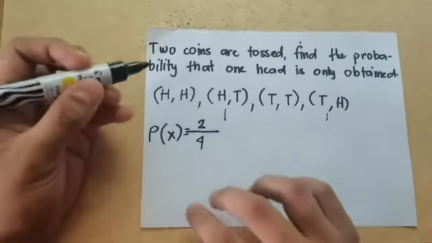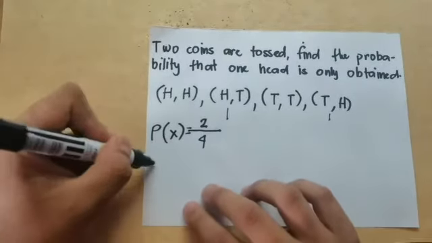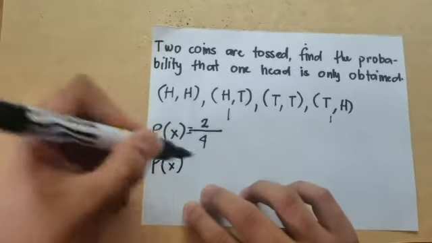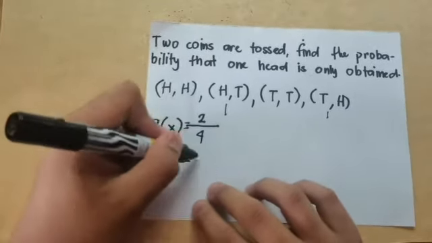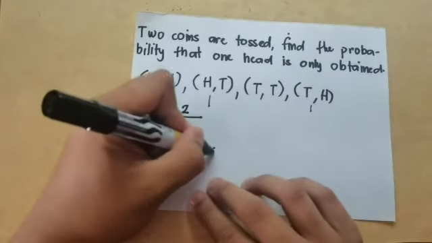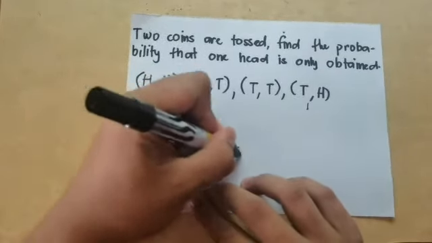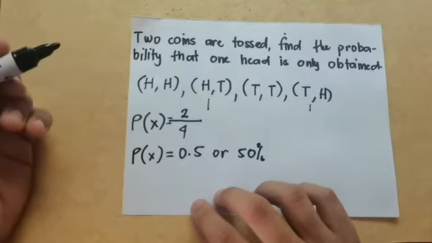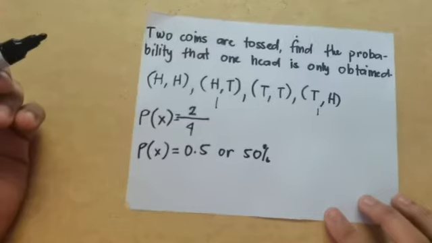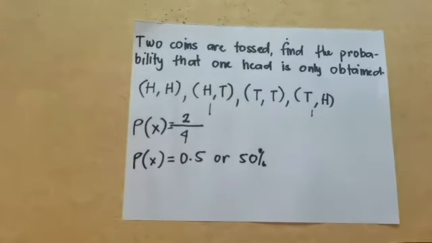Forgot to write an equal sign. So the probability of only one head being obtained is equal to 0.5, or 50%. So when you toss 2 coins, there is a probability of 50% that you only obtain one head.